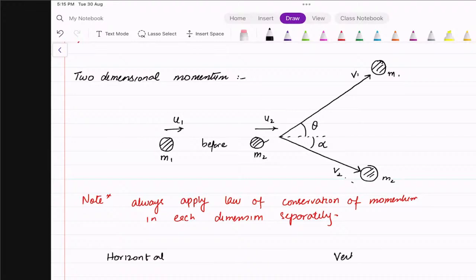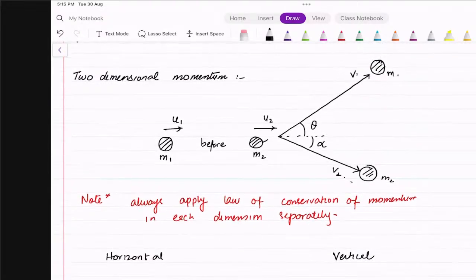So for horizontal, this vector, that's the v1 vector, will have two components, one on the right, one upwards, and for the v2 it will be one towards the right and one downwards, like this.